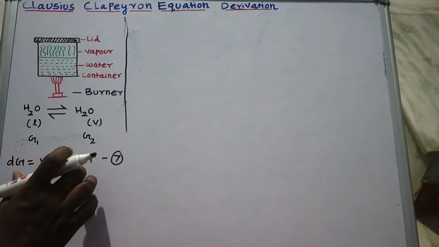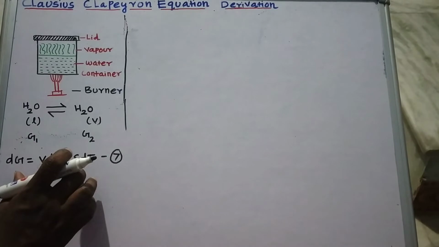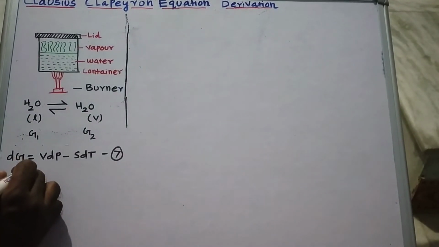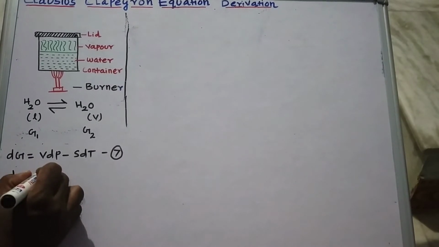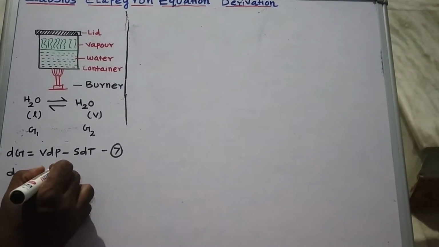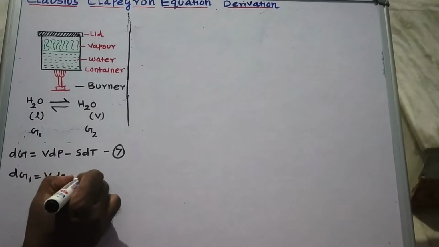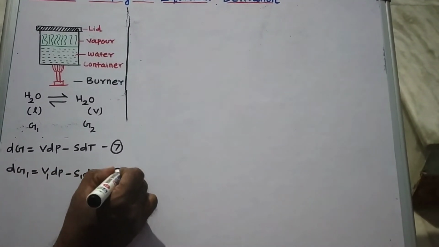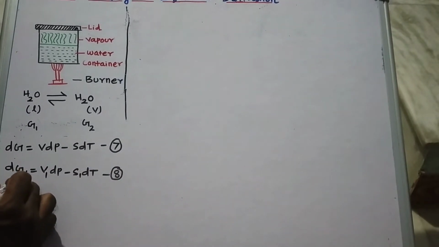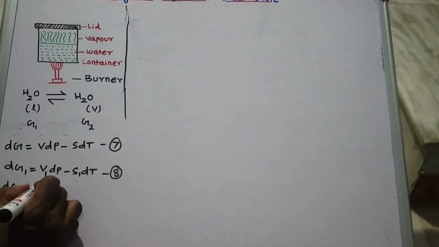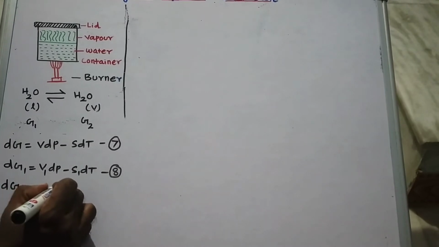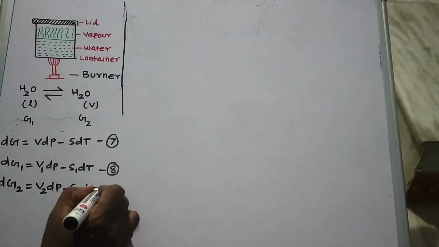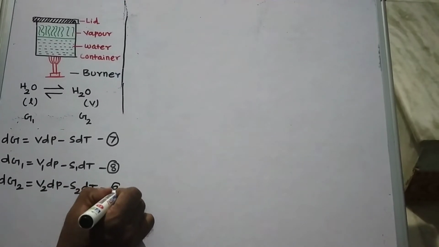Now we are going to apply this equation for G1 and G2. So dG1 is equal to V1 dP minus S1 dT. This is equation number 8. Then dG2 is equal to V2 dP minus S2 dT. This is equation number 9.